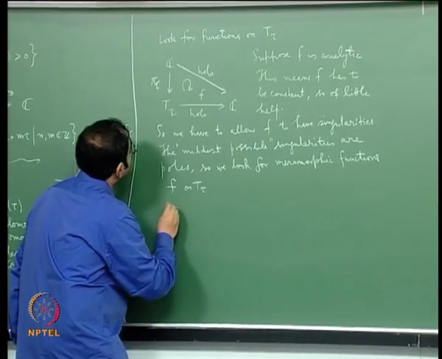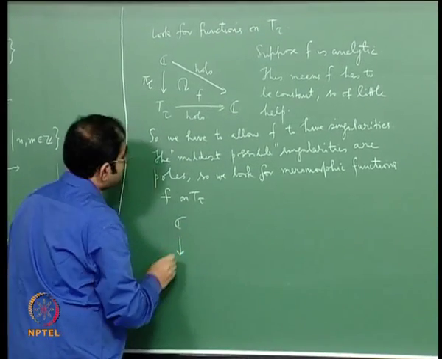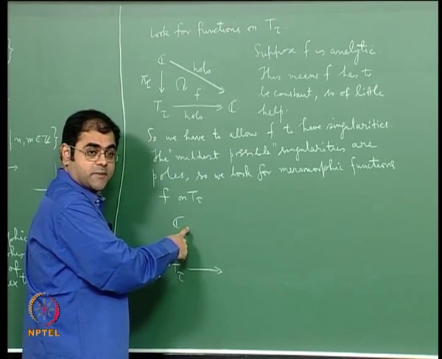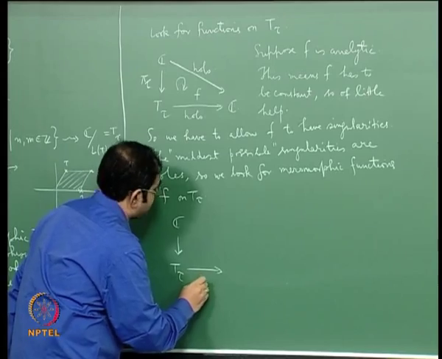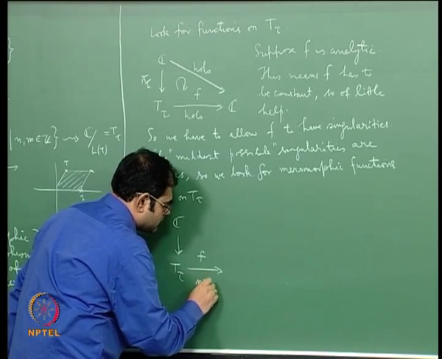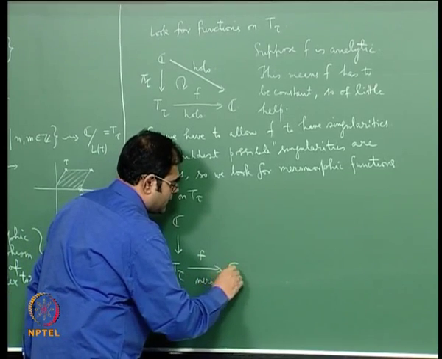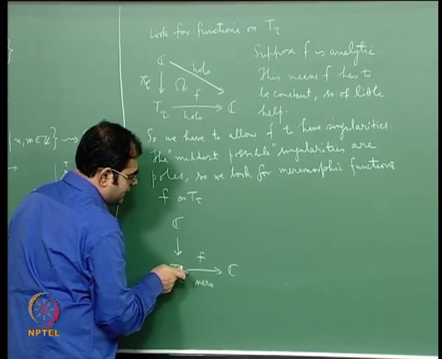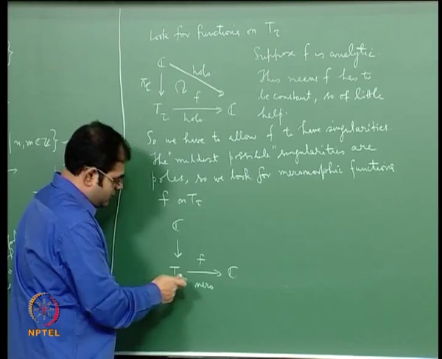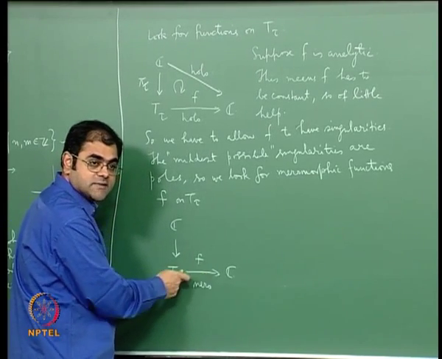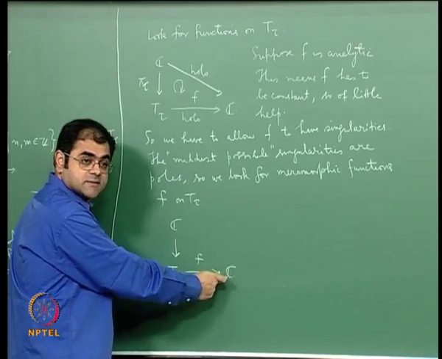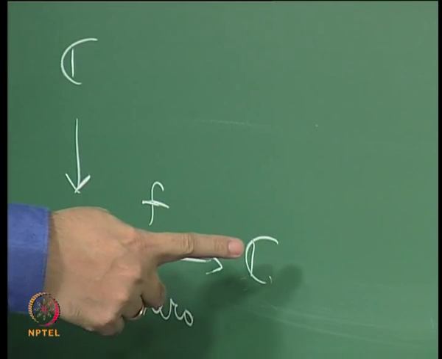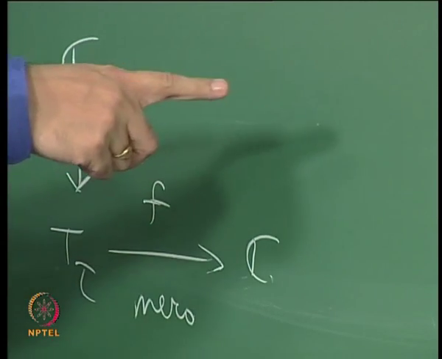Now what I want you to understand is what looking at such a function means above in the complex plane. Suppose I have an f which is meromorphic. If it is a meromorphic function, it is not defined at the poles. So in principle, when I draw this arrow, this is not really a map from this to this, but a map only into C union infinity, because at poles the function will take the value infinity.